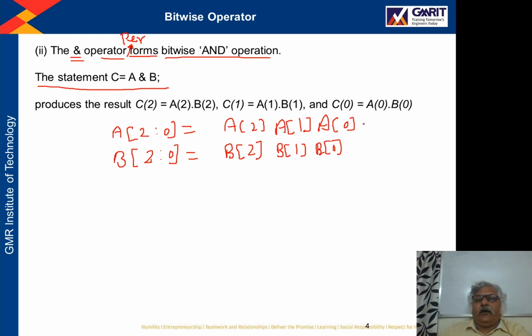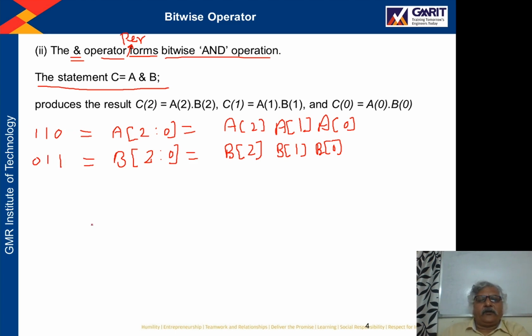So let us assume we have in A a value 1, 1, 0, and in B we are having 0, 1, 1.